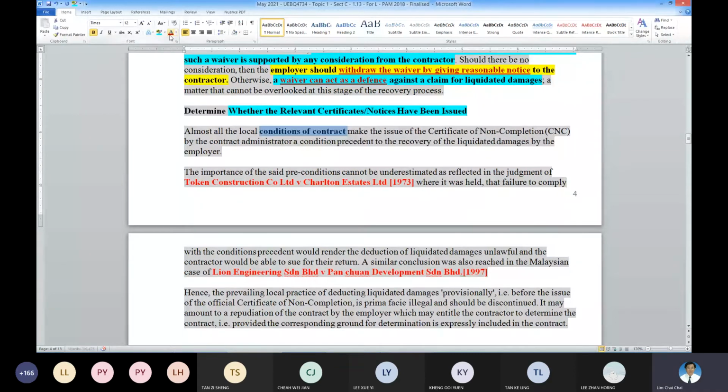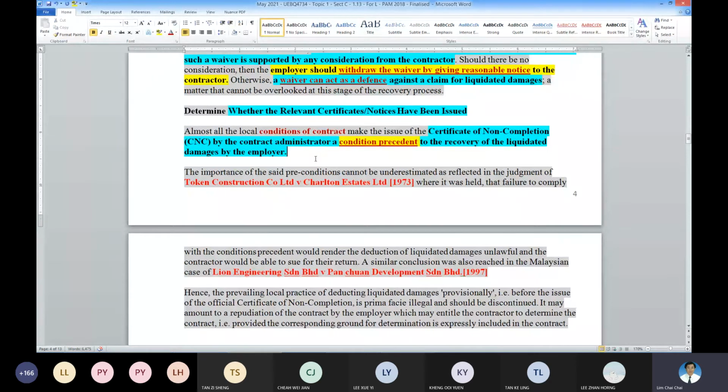This is very important, it's a condition precedent to make the right to recover LD valid. If you don't have this CNC issued, the right is not there. So there must be a CNC issued.